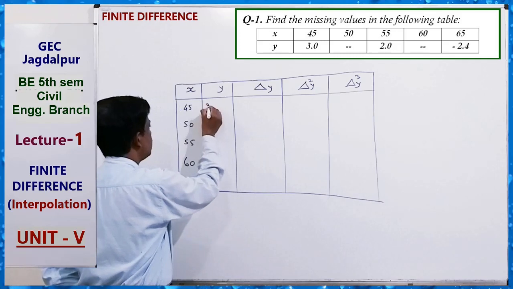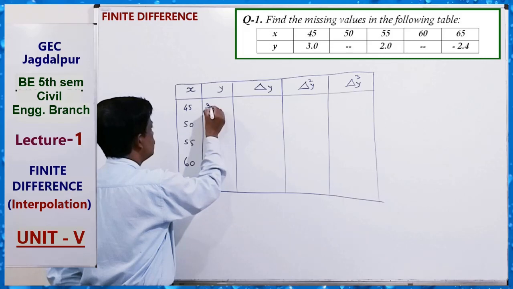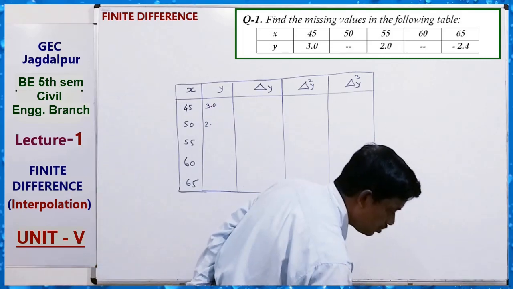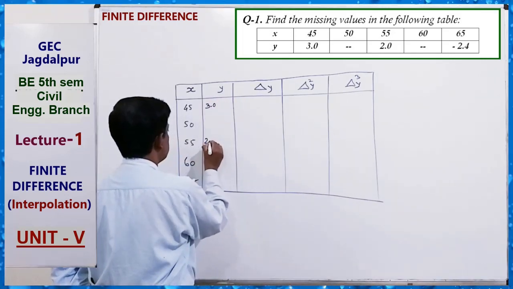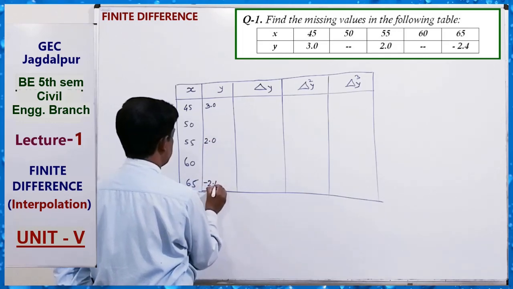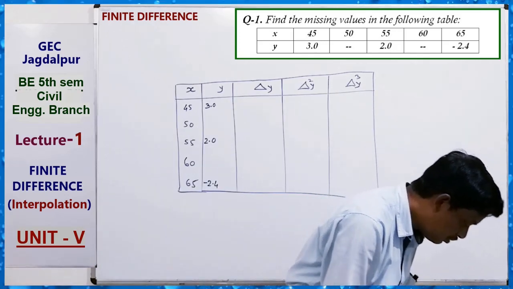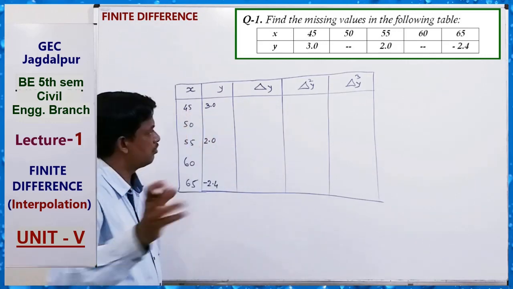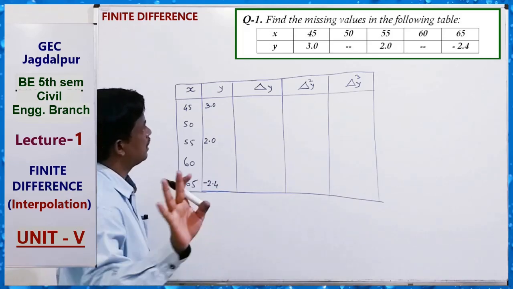Here there is a dash, nothing is given. 50 and 60 are not given. So we can prepare this table.